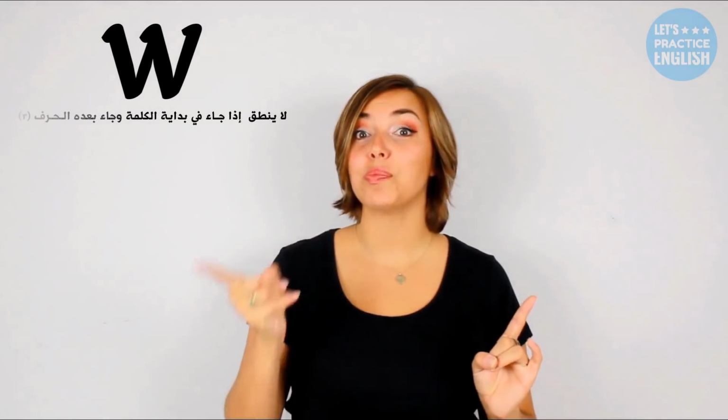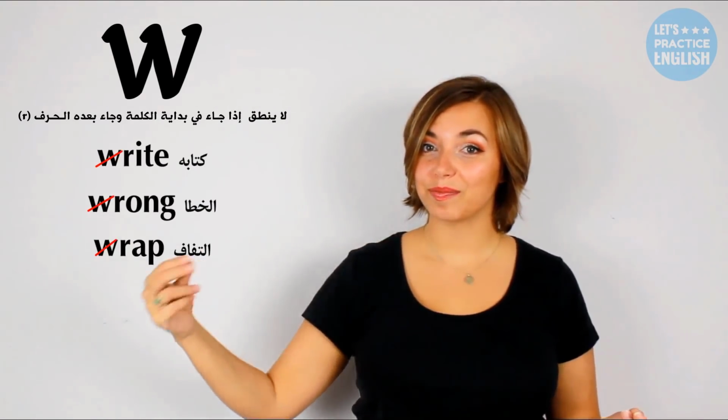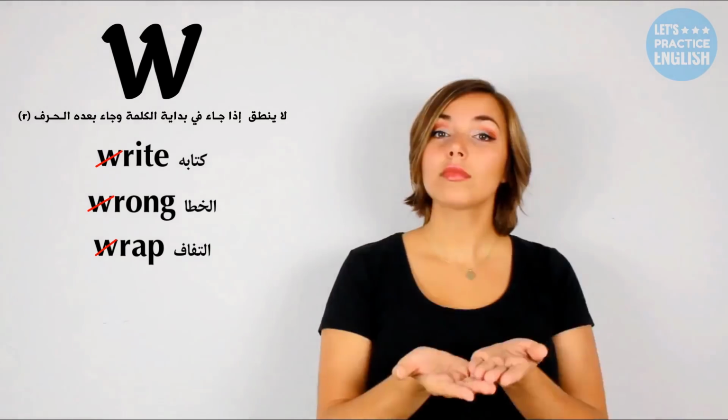Alright, we have finally reached the last letter, the last silent letter of the course, the letter W. Okay, the letter W is not pronounced at the beginning of a word if it is followed by the letter R. For example, right, wrong, wrap.